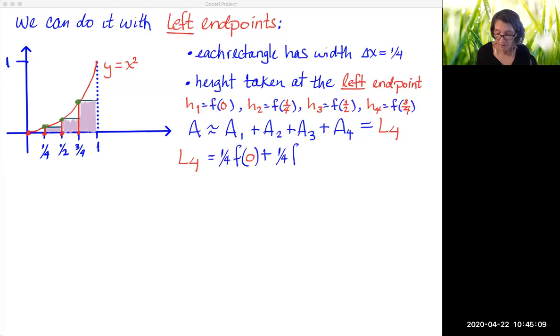The second one is 1/4 times the height f of 1/4. That's the area of the second rectangle. The area of the third rectangle is 1/4 times f of 1/2. And the area of the last one is 1/4 times f of 3/4. So width is always 1/4. Height depends on the number we're plugging in, which is always the left endpoint.